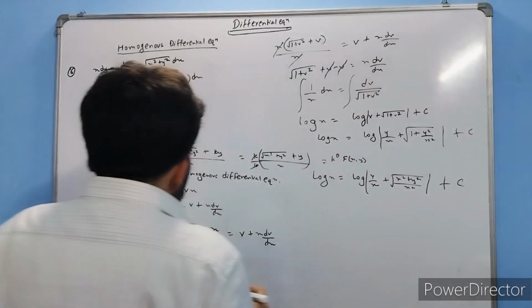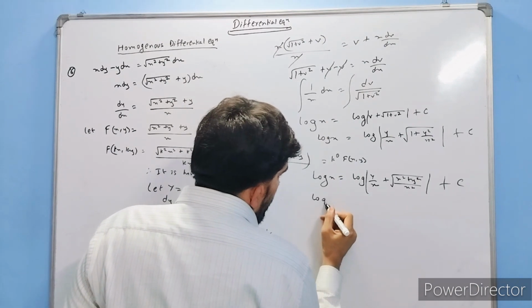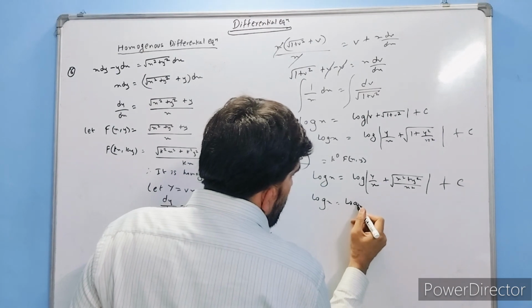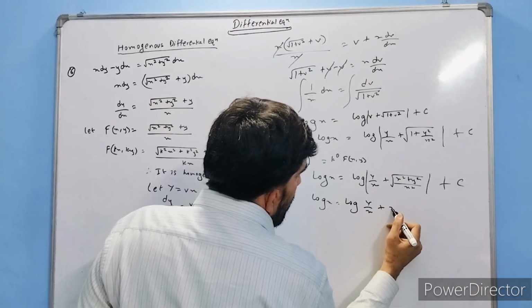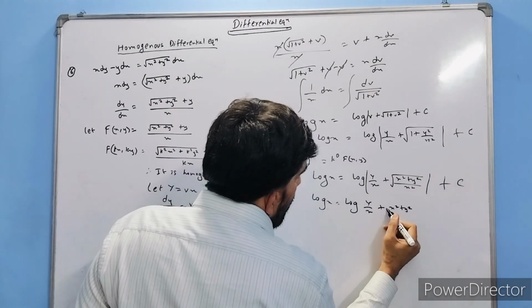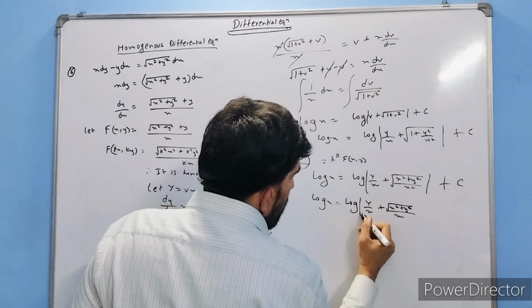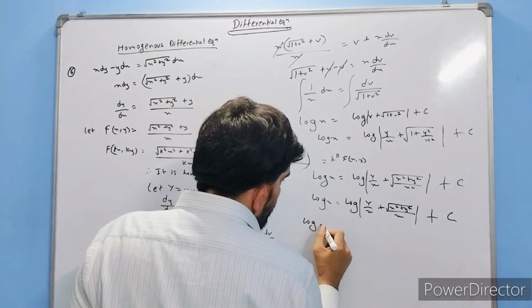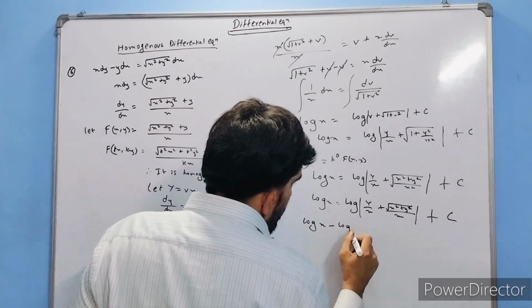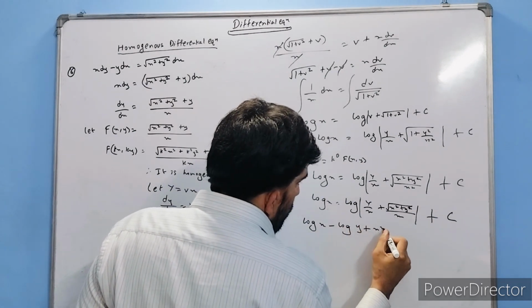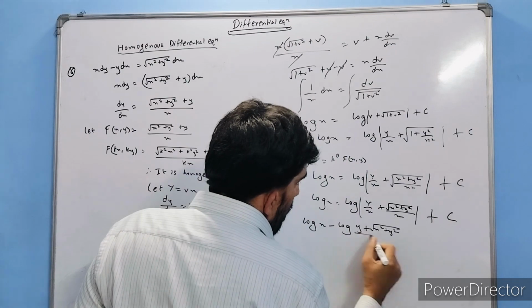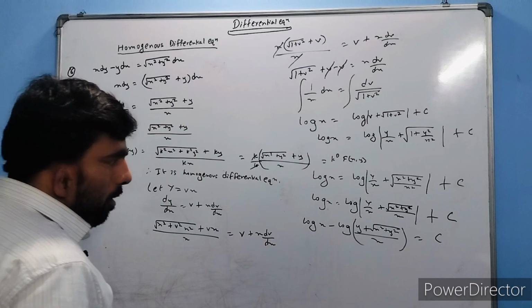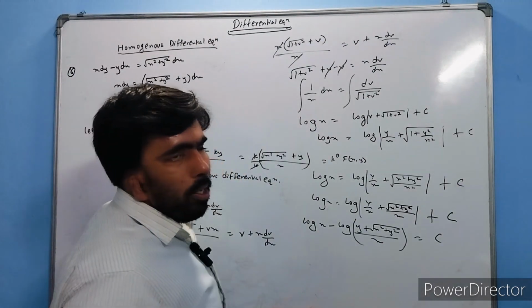Okay, so now we can see log of x is equal to log of y upon x plus square root of x square plus y square upon x. We'll take that side. Log of x minus log of y plus square root of x square plus y square upon x. So now we know that log of a minus log of b is equal to log of a upon b.